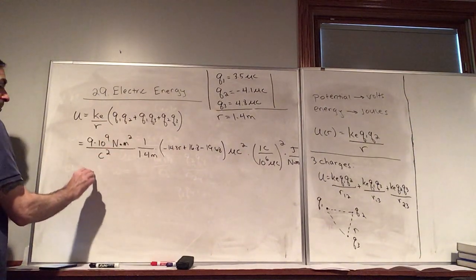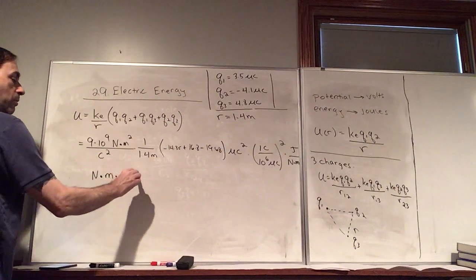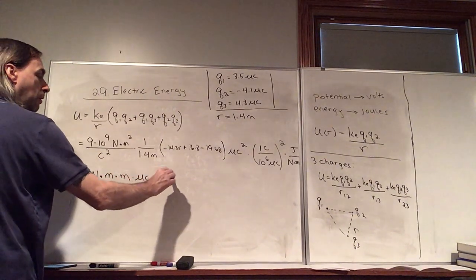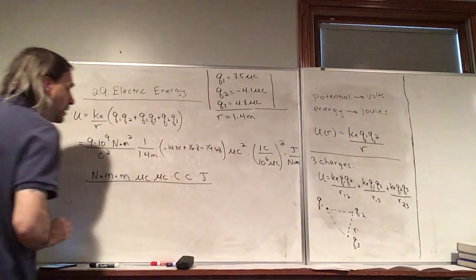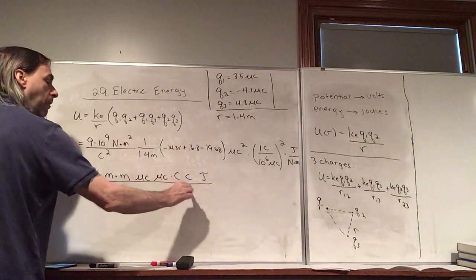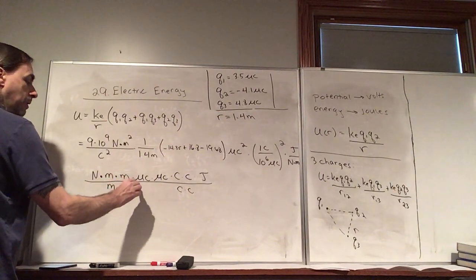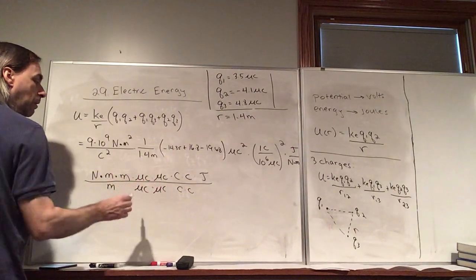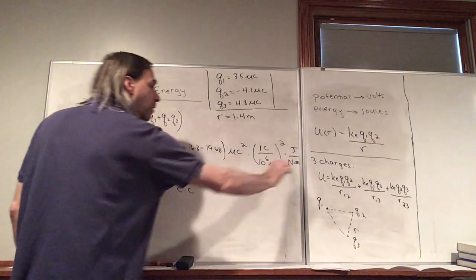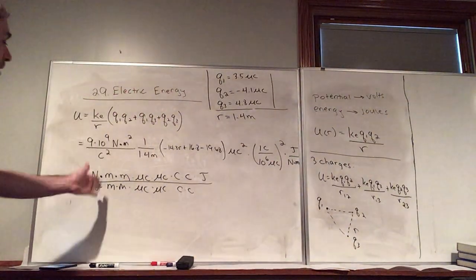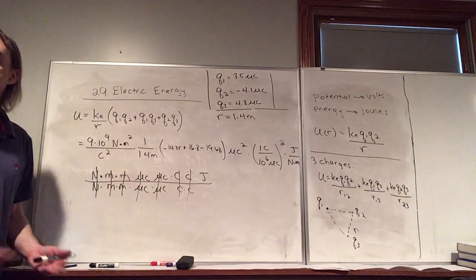We have newtons times meters squared, microcoulomb squared, over coulomb squared, and joules. On the bottom we have coulomb squared, meters, microcoulombs squared, and then a newton and a meter. So you can see everything cancels out, and we'll get our energy in joules.